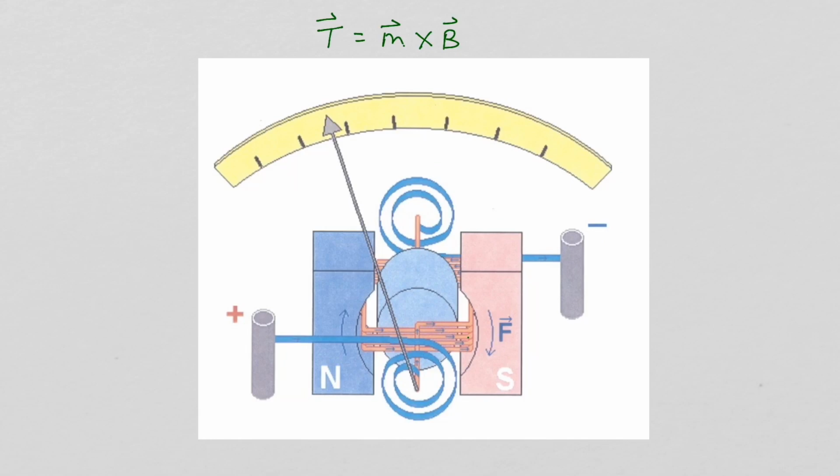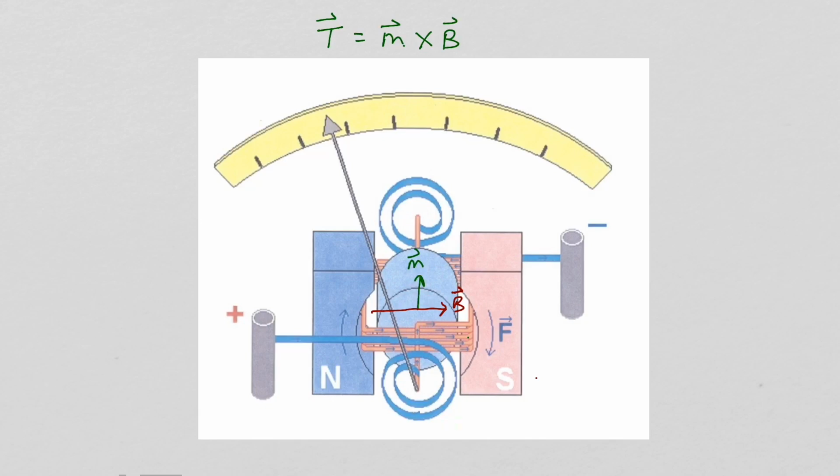Let's first explain the operation of analog meters using the torque equals M cross B. If we have a current flowing in our meter, it's going around this square loop like this, resulting in a magnetic dipole moment pointing upwards.